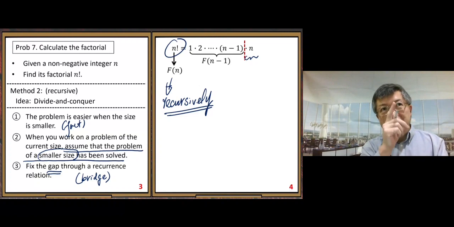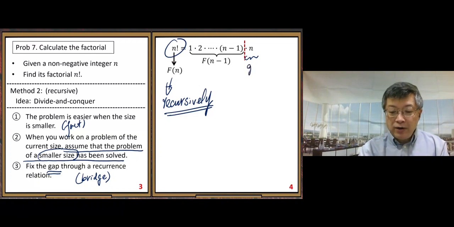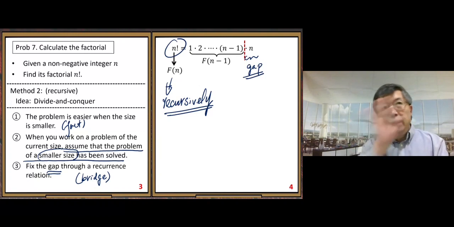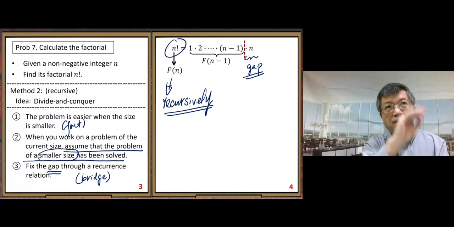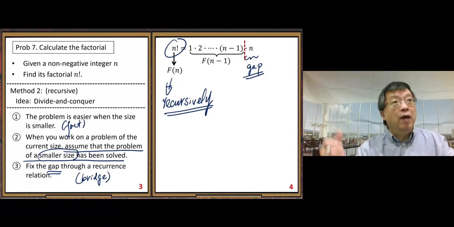Why? Because in that way, this is the gap part. This is the gap part, gap between two problems of different sizes. When the gap is small, it is easier to bridge the gap, right?